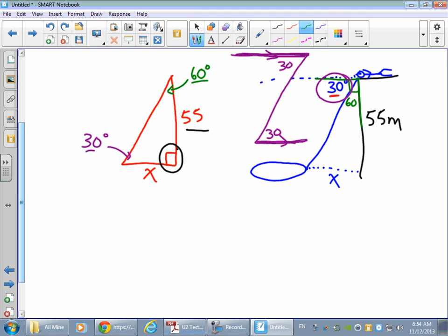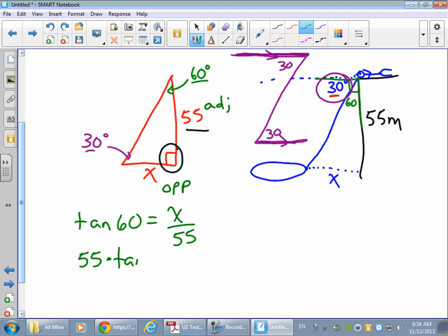From that 60 degrees, I have my adjacent, I want my opposite, and so I'm looking at tan of 60 being the opposite over the adjacent. As we saw before, that means I have to multiply both sides by 55.